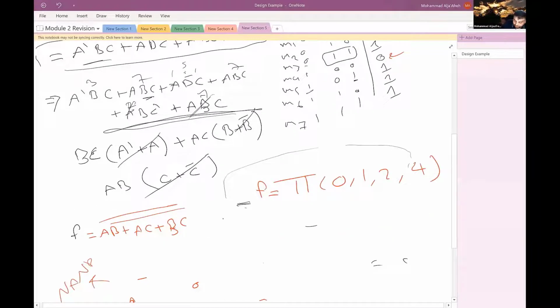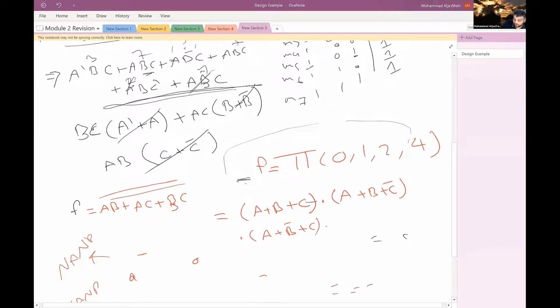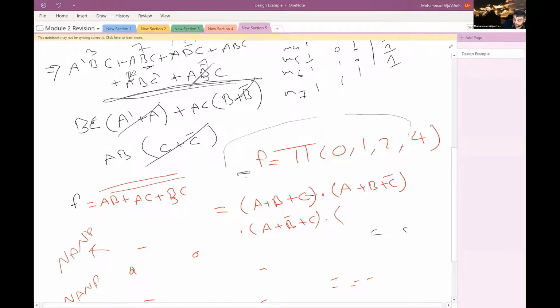So 0 can be described as A plus B plus C, and with 1, it will be A plus B plus C prime. Then 2 is A plus B prime plus C. And for the last one, which is 4, the code for 4 is 1, 0, 0, so A prime plus B plus C. All right?